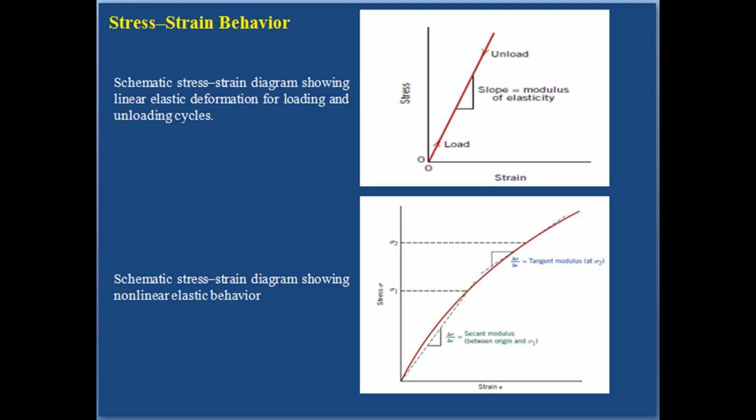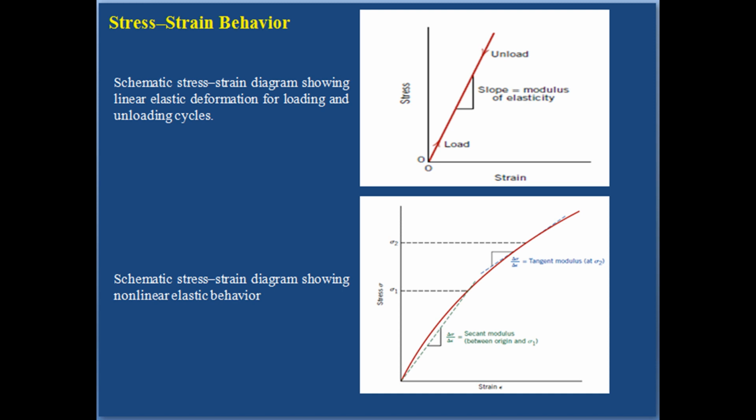This is also known as Hooke's law, and the constant of proportionality E is the modulus of elasticity or Young's modulus. For most typical metals, the magnitude of modulus ranges between 45 GPa for magnesium and 407 GPa for tungsten. Modulus of elasticity values for several metals at room temperature are also required for different problems.